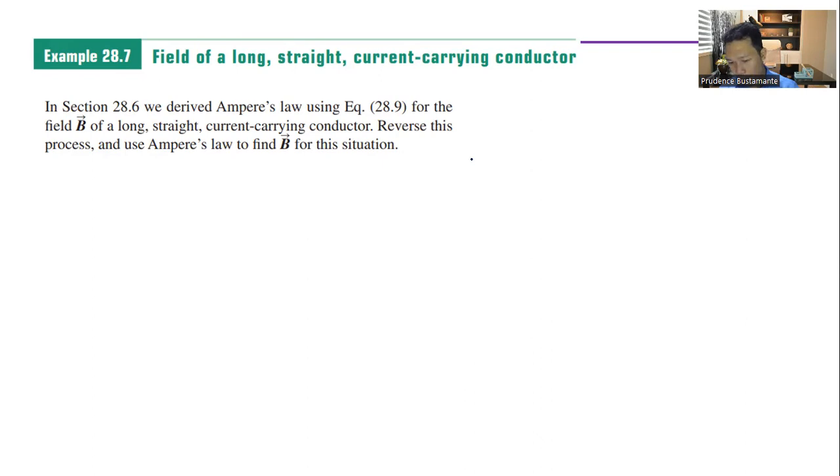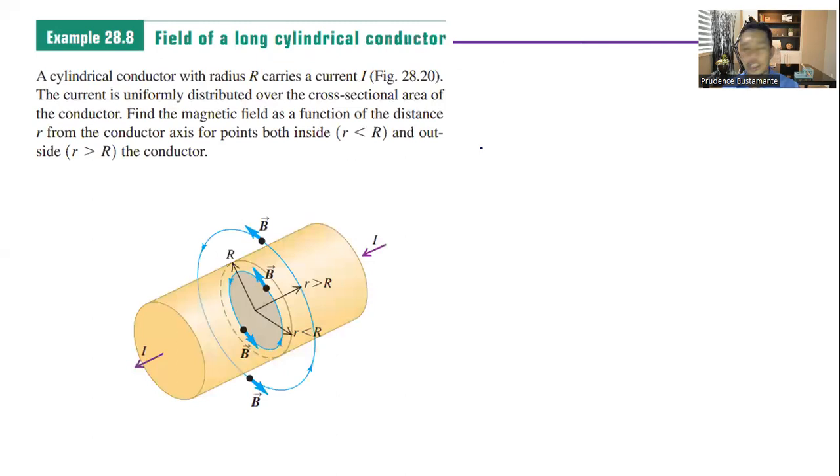Okay, so let's skip this one and go to this one. What is the use of Ampere's law? We have a cylindrical conductor of radius r carrying a current. The current is uniformly distributed over the cross-sectional area of the conductor. Find the magnetic field as a function of the distance r from the conductor axis, for points both inside and outside the conductor.